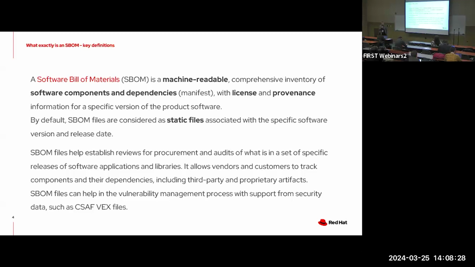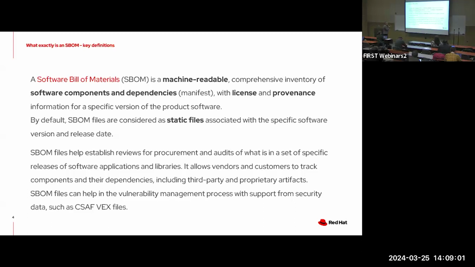SBOM, software bill of materials. Many of you may already know about this, but let's just focus on the highlighted, maybe the most important things. An SBOM is a machine readable, which is very important, comprehensive inventory of software components and dependencies, which we also call a software manifest, including license and provenance information for a very specific version of a product.